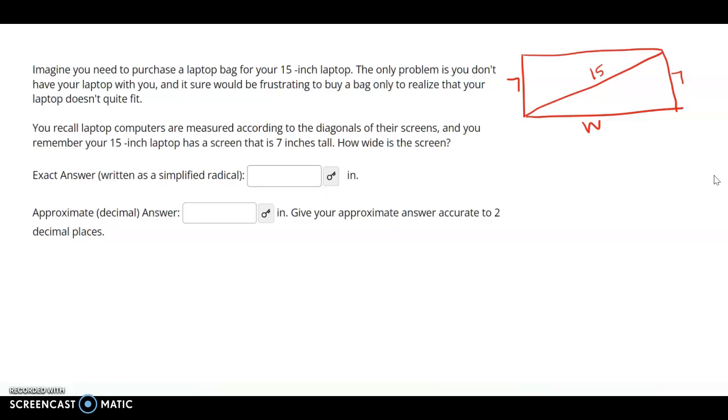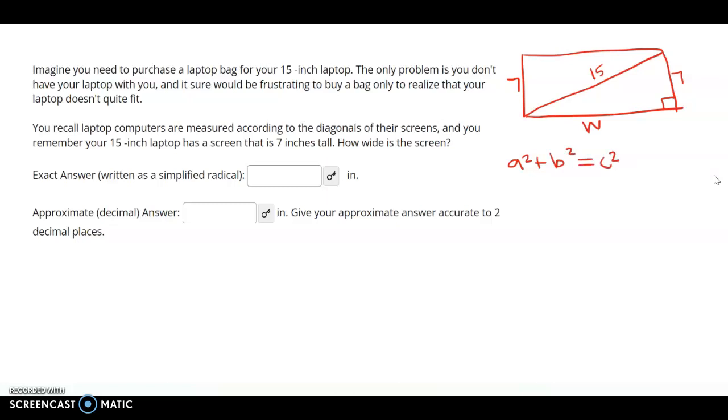I know this is a rectangle, so this would be a right angle here, and it looks like I've got a right triangle. So when I have a right triangle and I don't know one side length, what theorem can I use to find the third length? Hopefully you're thinking the Pythagorean Theorem, or a squared plus b squared equals c squared.